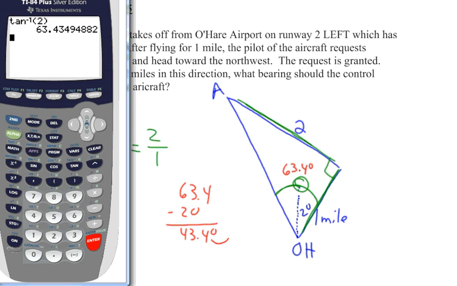That's the angle left right in there, how much they're going towards the west. So what's the bearing measurement? They would be going north, but then 43.4 degrees west. They're veering off to the west a little bit. That would be the bearing measurement for that.